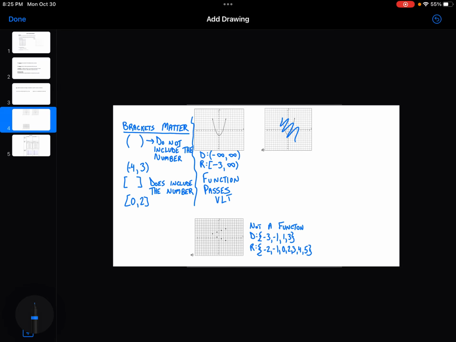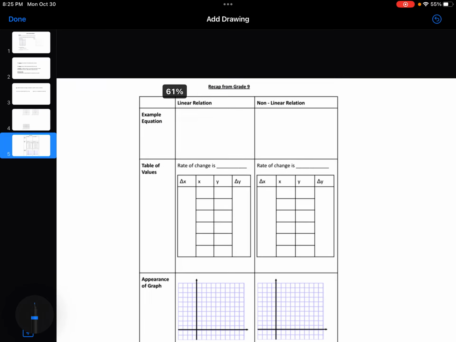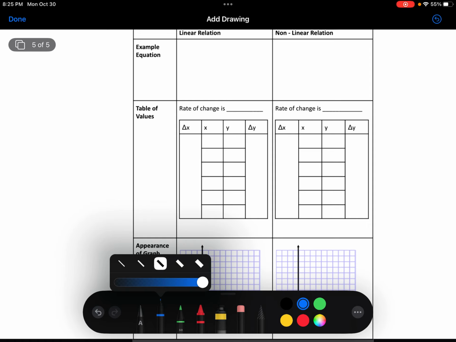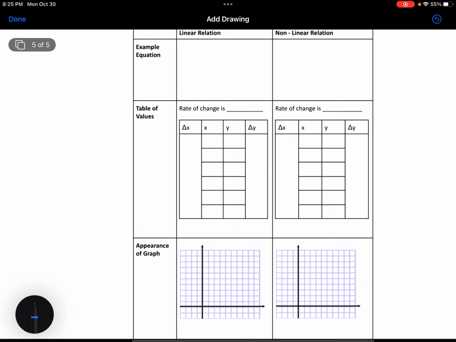All right. And then finally, just kind of review from last year. I'm just going to make my pen just a little smaller. If we have a linear relation, what we're looking at is things that are like y equals mx plus b, or if we had something that was like ax plus by plus c equals 0. And these are things that we've already considered.